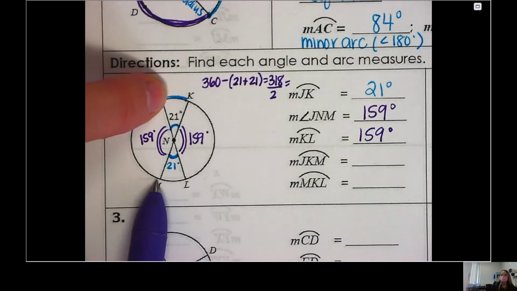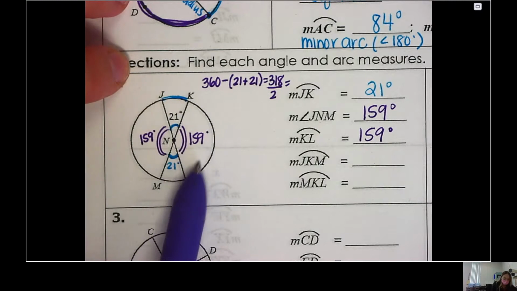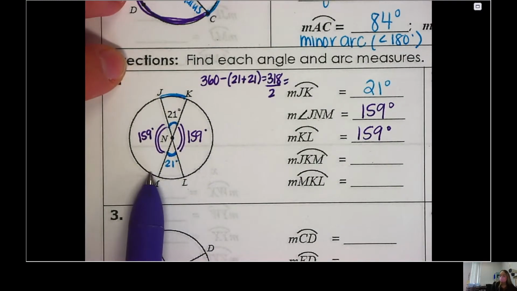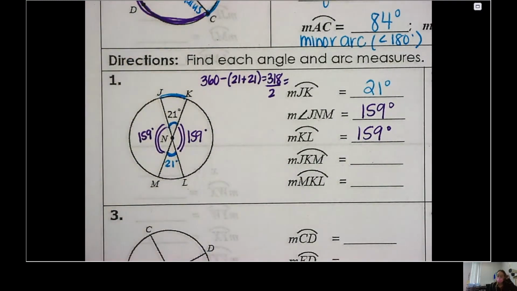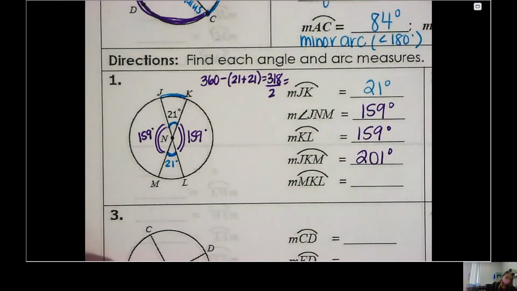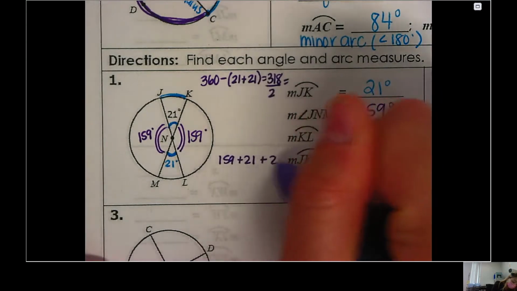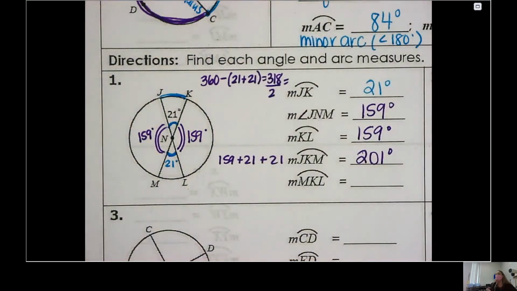How do I figure that out? There's another 21. So you add 21 plus 159 plus 21. And what number do you get? 201. Beautiful. I'm only really trying to show you the work for the first one, but once you see it now, it's not that hard, right?